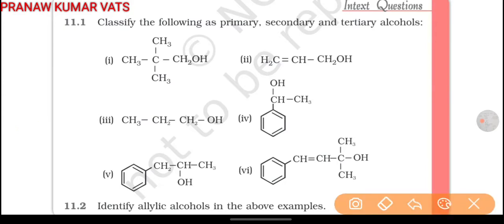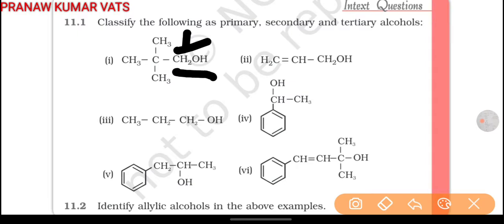If we see the carbon with which the functional group is attached, this is carbon number 1, with which the OH group is attached. Now we'll check how many carbon atoms are attached with the alpha carbon, or the carbon with which the functional group is attached.